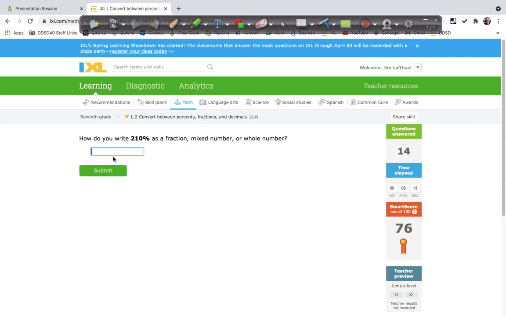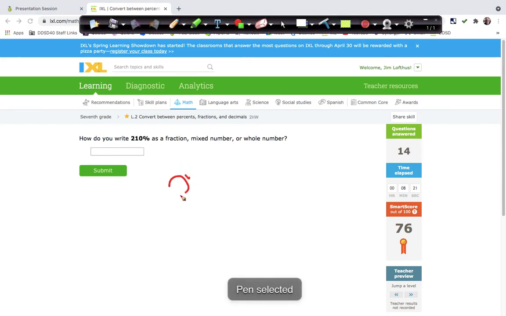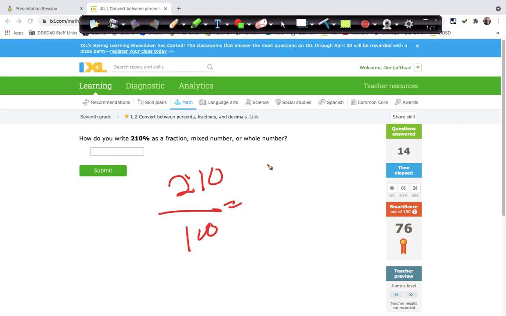And this is a good one. 210% is 210 over 100. If I simplify that, that's going to be 2.1, and that's 2 1/10.